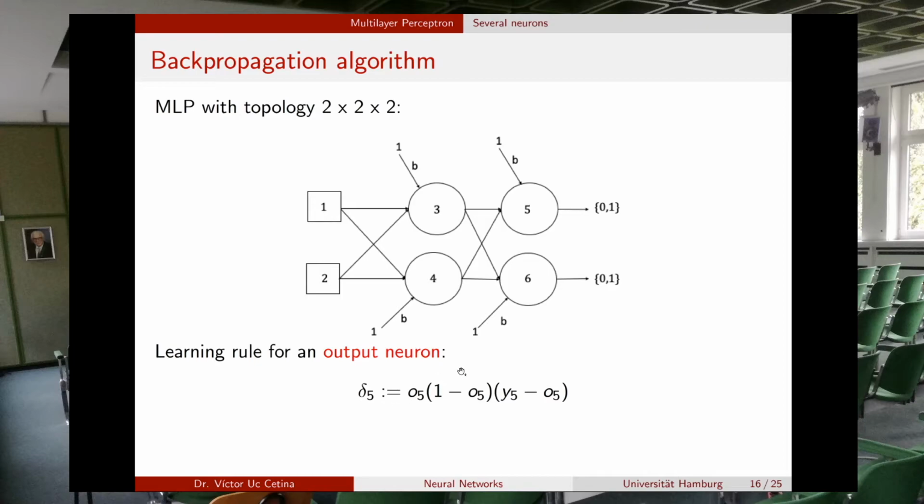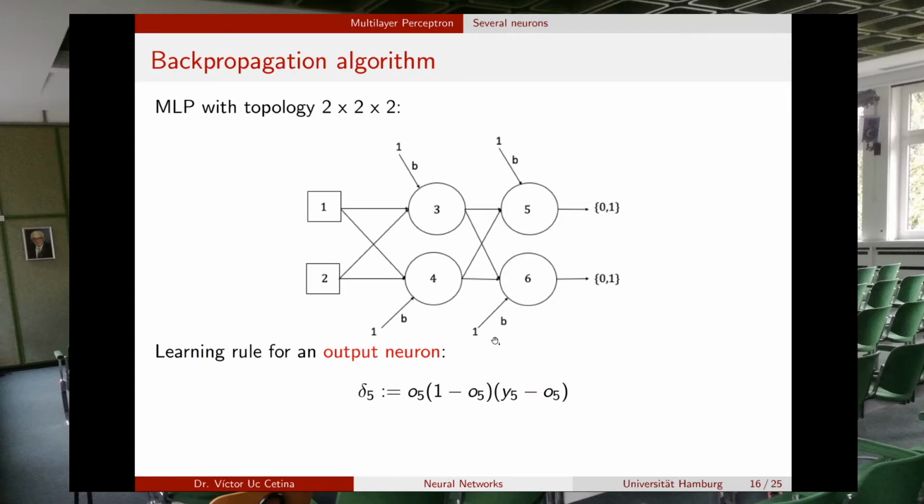One important thing that you will see is that there is a way to compute the deltas of the neurons depending on whether the neuron is an output neuron or a hidden neuron. In the case of output neurons, we know what we want our neuron to output, which is the label or target value, and we know what the neuron is outputting at this moment, so we can make this subtraction.